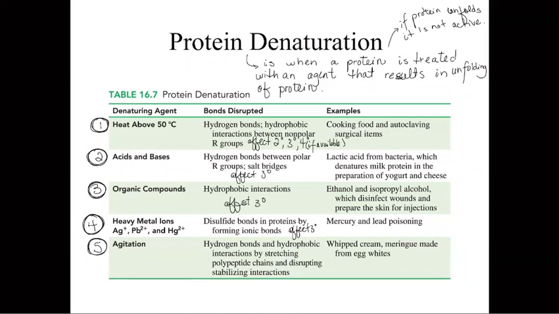What agitation is going to do is disrupt the hydrogen bonds and the hydrophobic interactions, stretching the polypeptides, and it's going to disrupt the stabilizing interactions. So basically, agitation affects the secondary structure and tertiary structure of a protein.